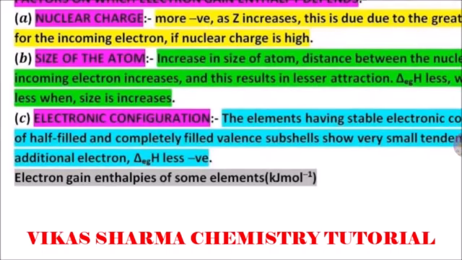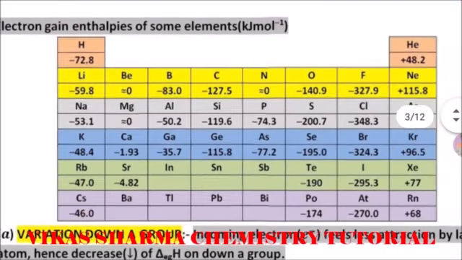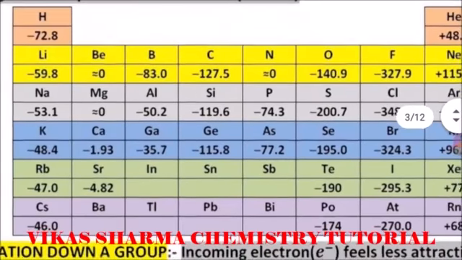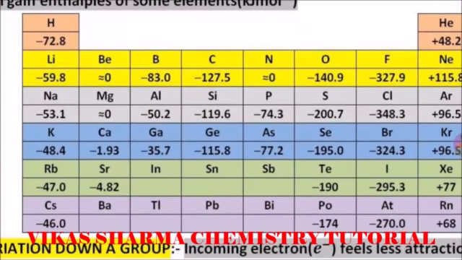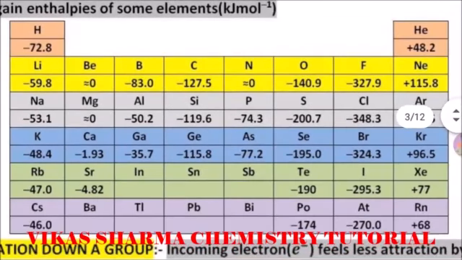The electron gain enthalpies of some elements are shown in tabular form. You can see the alkali metals have negative electron gain enthalpy: lithium minus 59.8, sodium minus 53.1. But compared to the halogen family, the halogens have more negative values: fluorine is minus 327.9, chlorine minus 348.3.